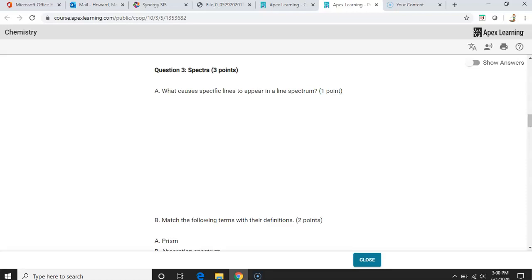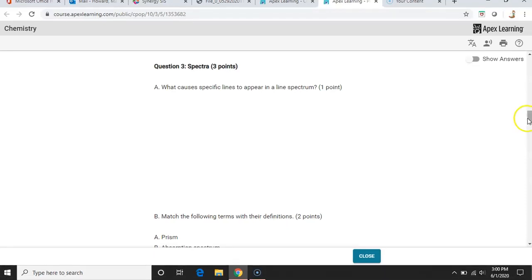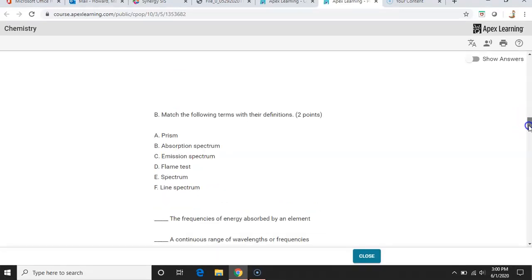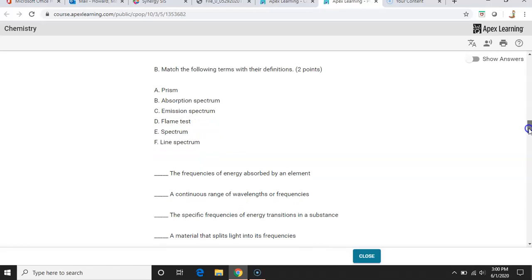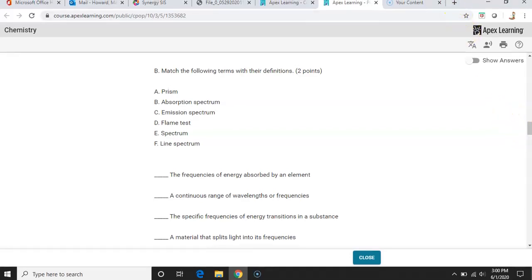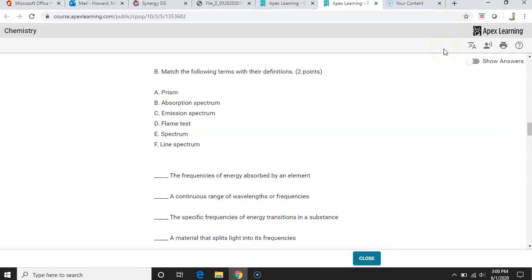Okay, so as you move down here, we're going to match a few more terms with the definitions. So a prism, not what I'm thinking of, the kind of clear glass that emits a rainbow of light.